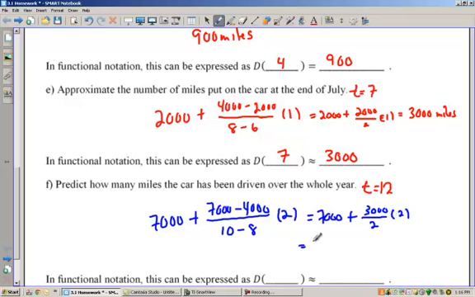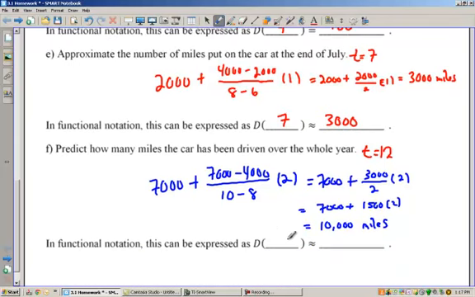This is 7,000 plus 1,500 times 2, which equals 10,000 miles. So I can fill in the space below: d of 12 would be approximately 10,000 miles.